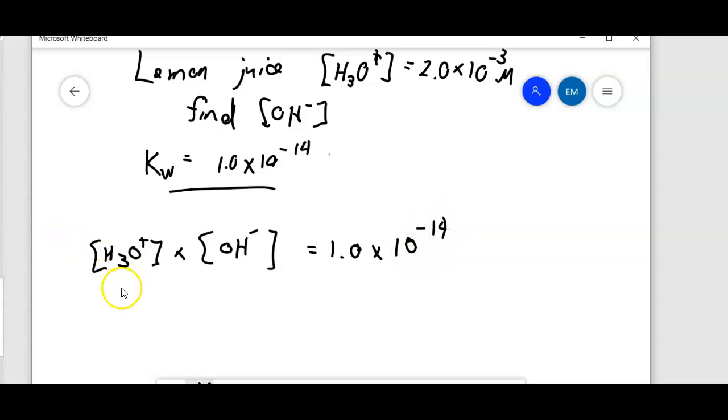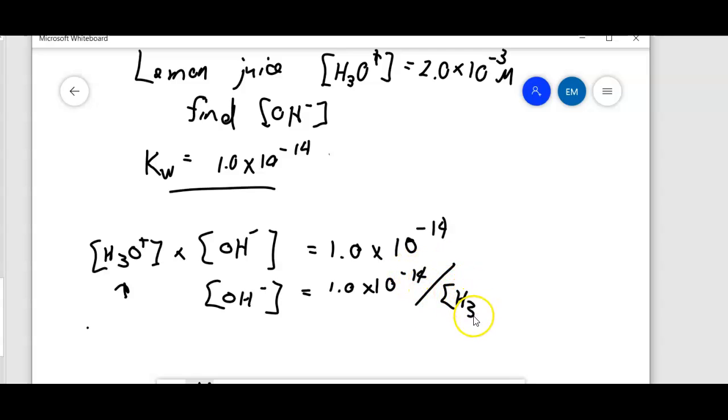Okay, so you know this. It's 2 times 10 to the minus third. And if you want to work out this equation, you want the hydroxide ion concentration. So that's going to be 1 times 10 to the minus 14th divided by the hydronium ion concentration.